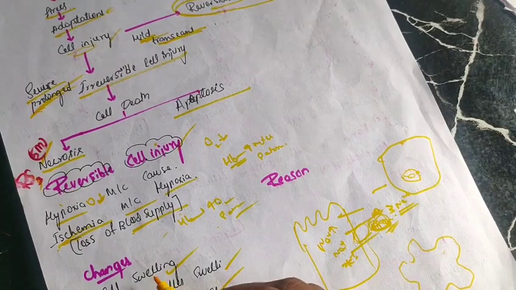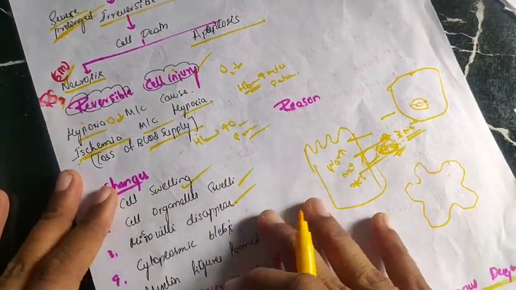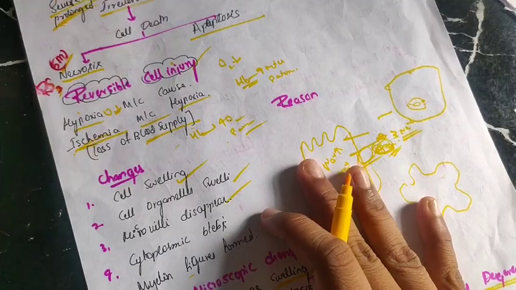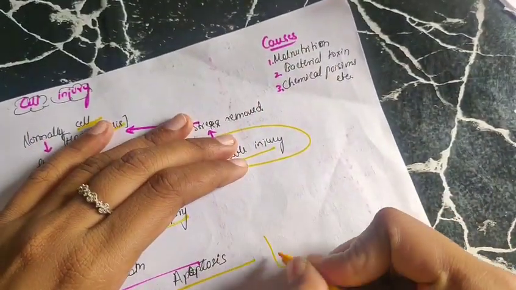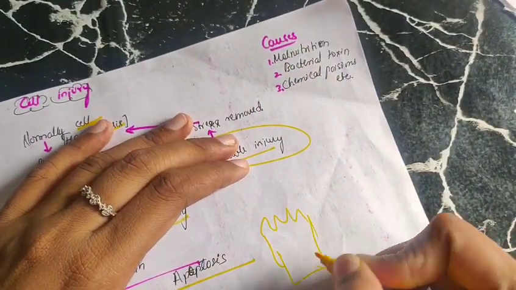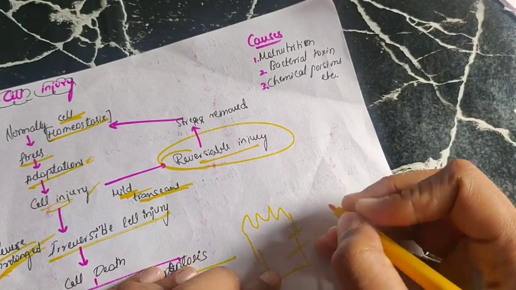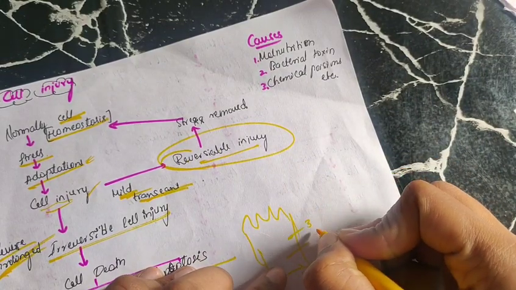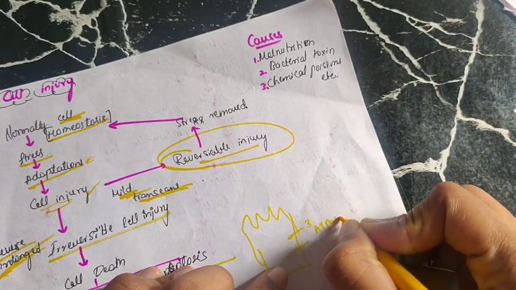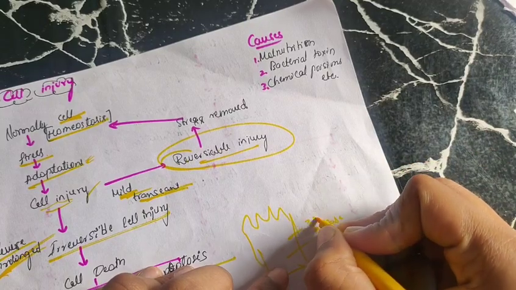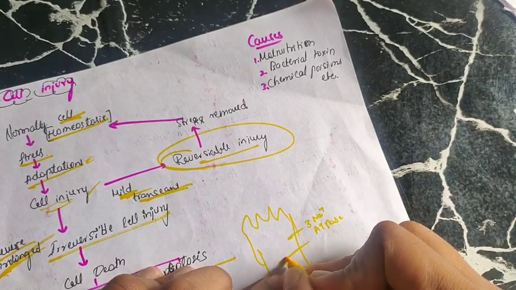Now we'll see what the changes are during reversible cell injury. Consider this as a cell. The cell has microvilli, and it has its sodium potassium ATPase. With the utilization of ATP, it pumps 3 sodium out and 2 potassium inside.